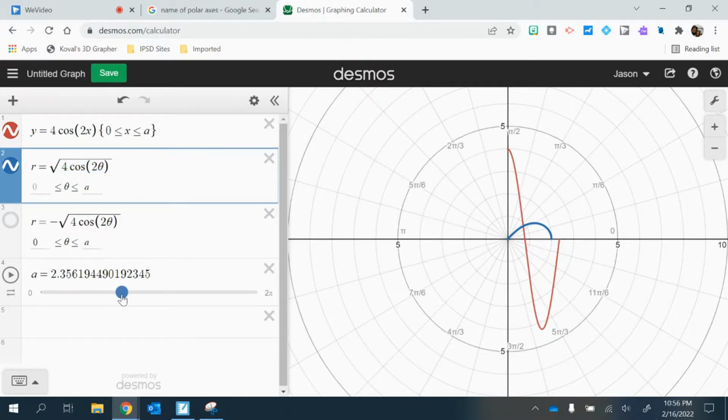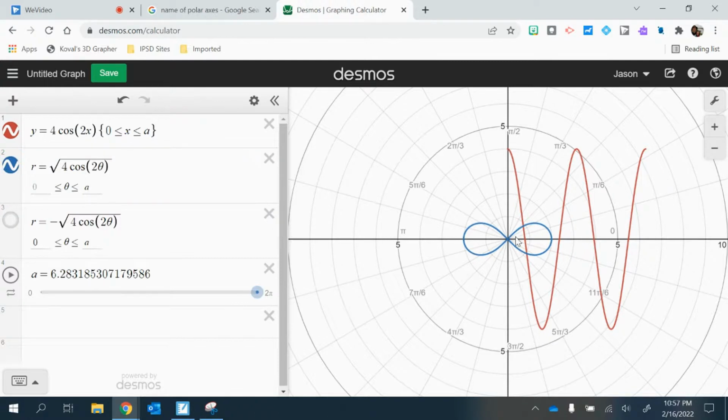It's pausing. So that's kind of crazy, right? This thing kind of looks like a sideways infinity. Well, not a sideways infinity, a regular infinity.